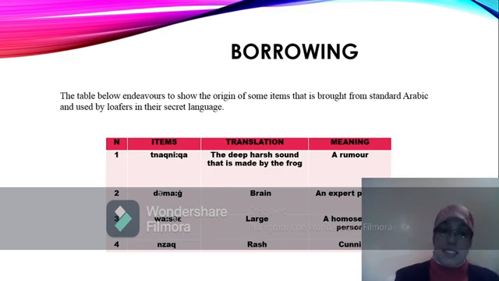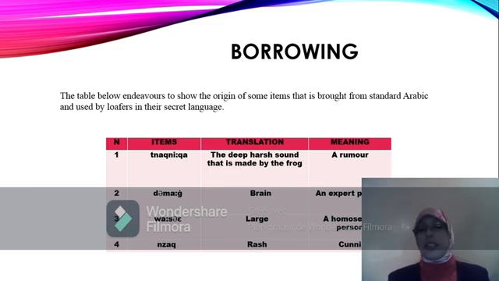Now the first item, naqniqa. The translation is the deep harsh sound that is made by the frog. The meaning is a rumor. Number two, damagh, that means the brain. However, the real meaning is that this person is an expert. Item number three, wasi', the translation is large.